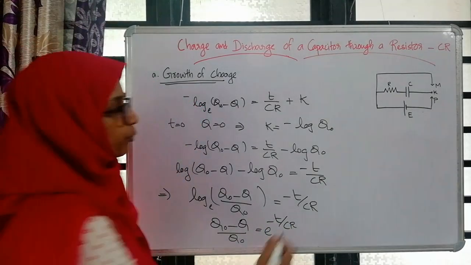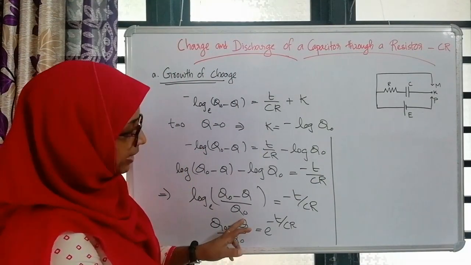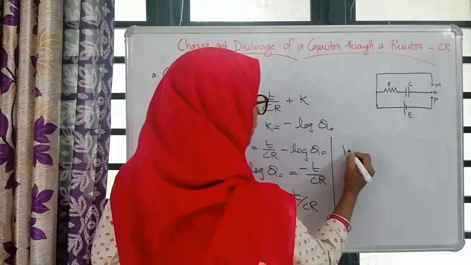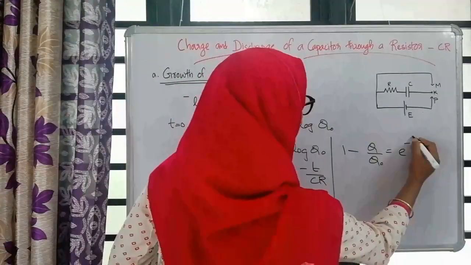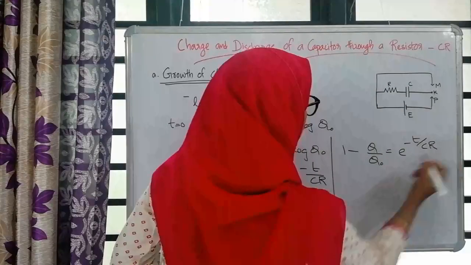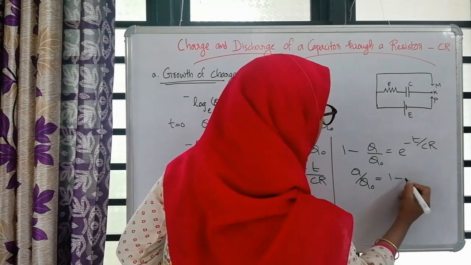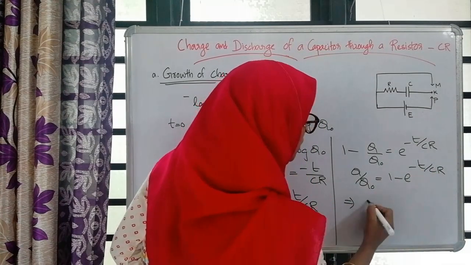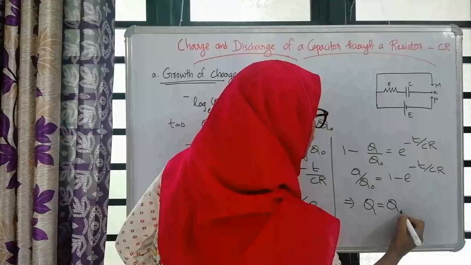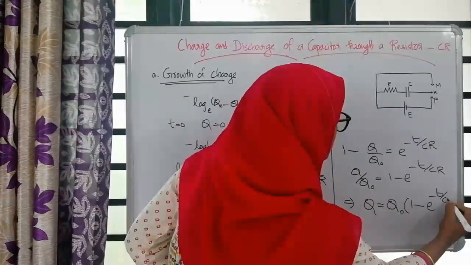Which implies Q0 minus Q by Q0 will be equal to 1 minus Q by Q0, which is equal to e raised to minus t by CR. That is, Q by Q0 will be equal to 1 minus e raised to minus t by CR, which implies Q is equal to Q0 into 1 minus e raised to minus t by CR.